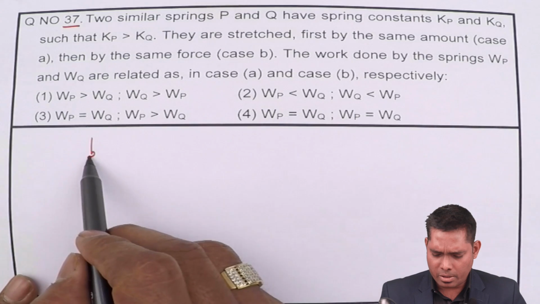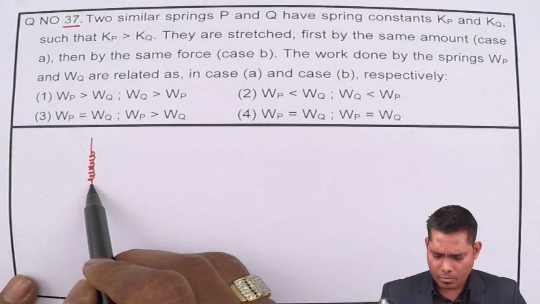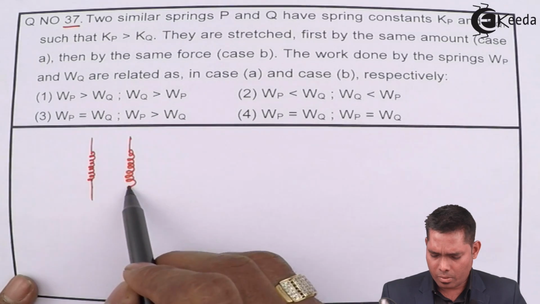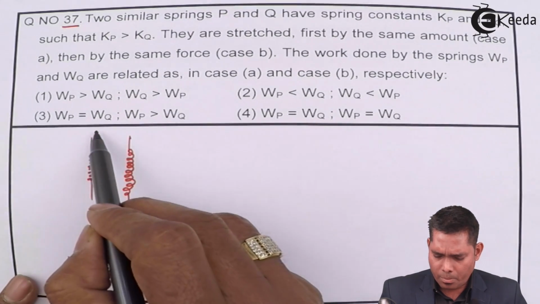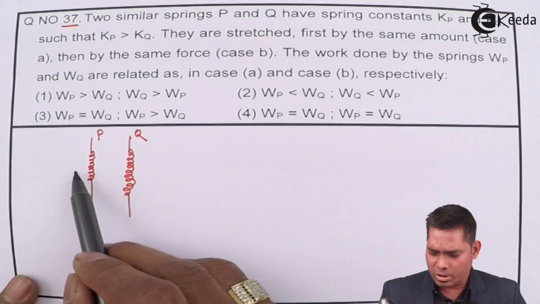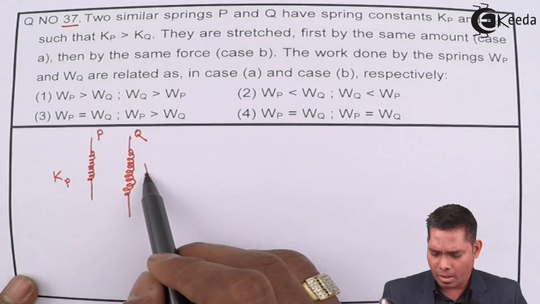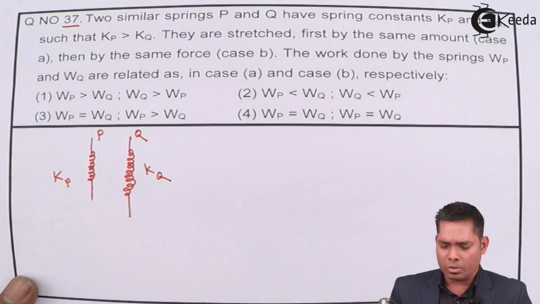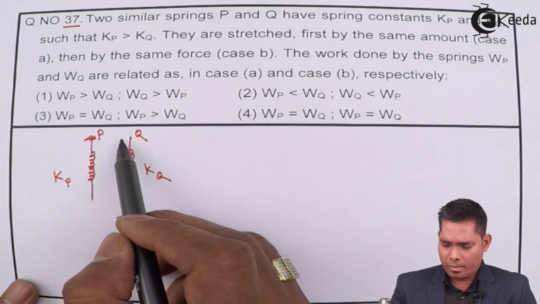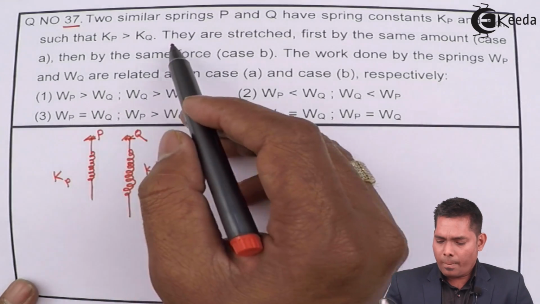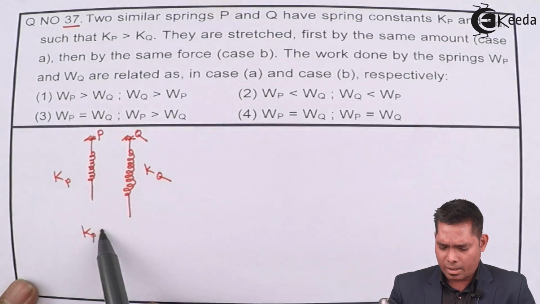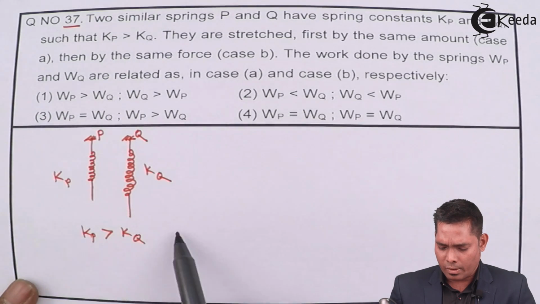So there are two springs. This is spring P, this is spring Q, and their constants are Kp and Kq. These are the spring constants of these two springs. It says that Kp is greater than Kq.